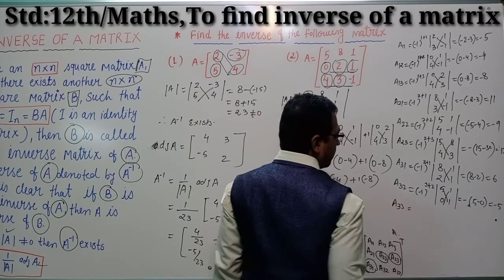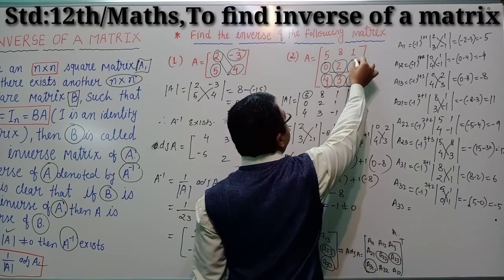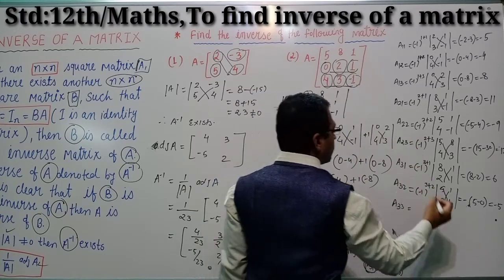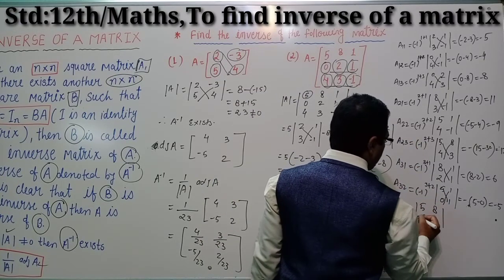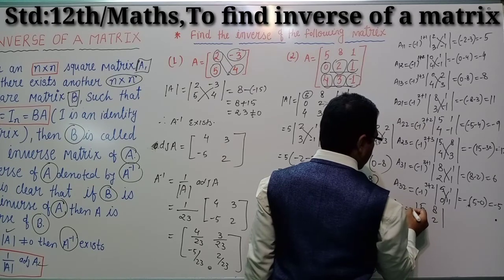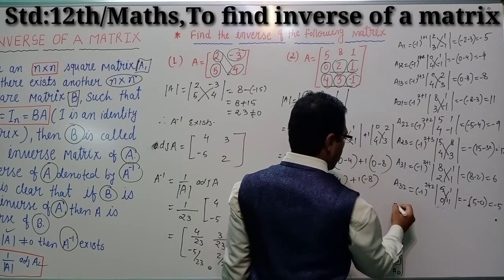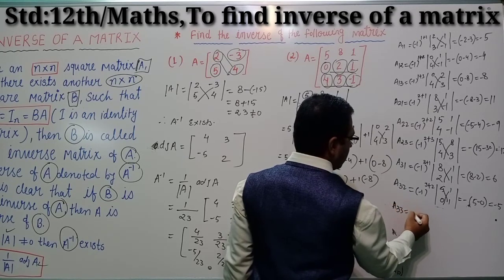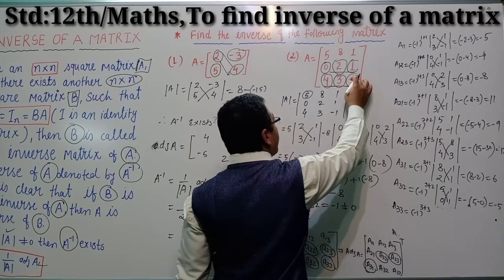And finally the cofactor of A33. So cofactor of 1, minus 1. Do not write these element and these elements. So 5, 0, 8, 2. This is A33. Minus 1 is to the power 3 plus 3. So you want to find out cofactor of minus 1.